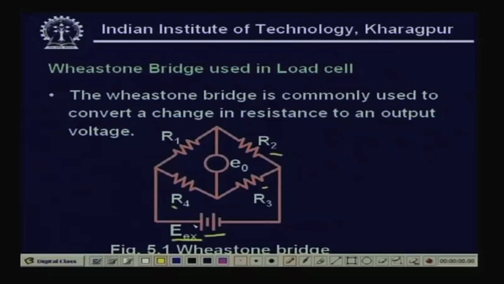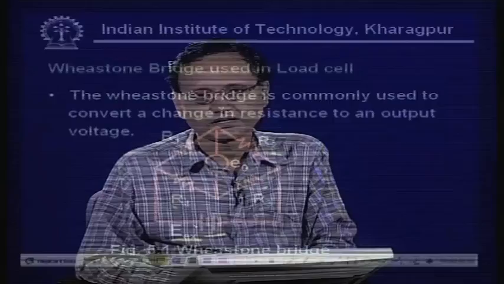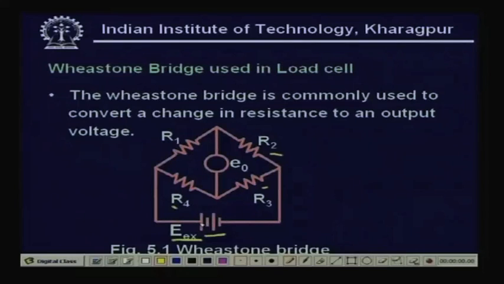We can use DC voltage as well as AC voltage, that does not matter, because so far it is a pure resistance, it hardly matters whether you are using DC or AC voltage. Here we have used a DC voltage, and this is the unbalanced voltage of the bridge. So, this voltage E0 will be calibrated in terms of the load, which we are going to measure by this instrument.